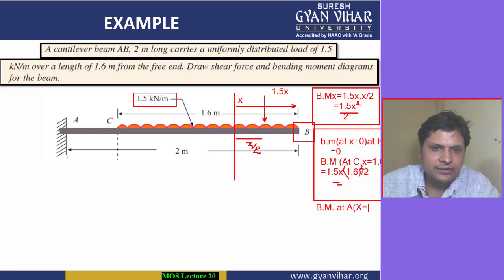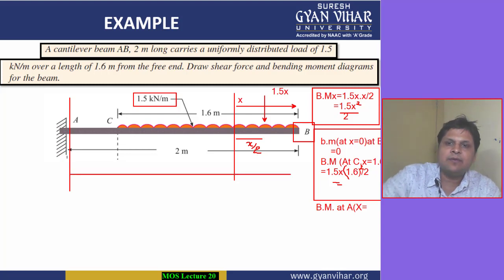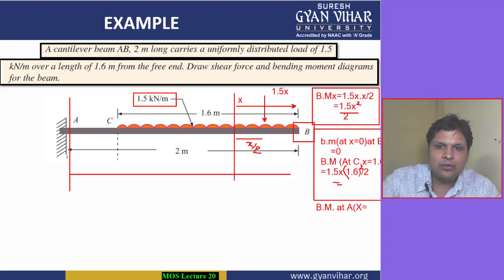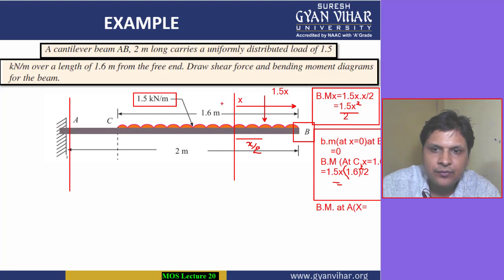If you are putting your section at A, this whole length you will take. Now when you take the center of this UDL, try to understand what I am saying to you. You have to find the bending moment at A, and the load is here.